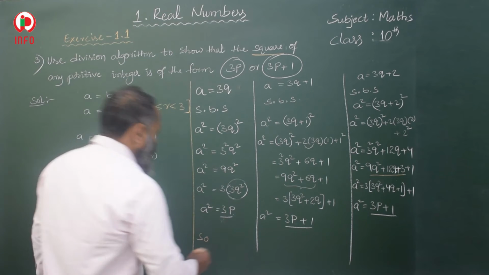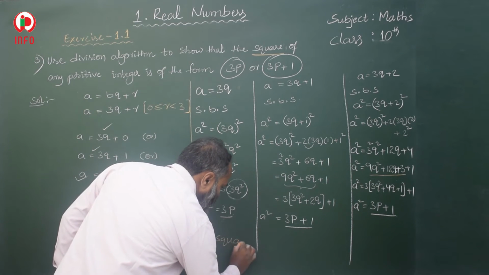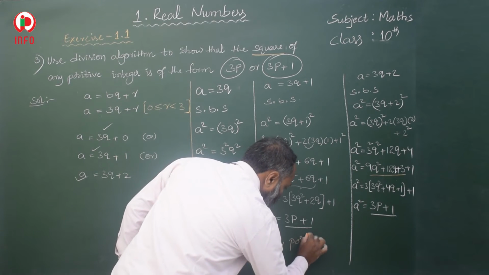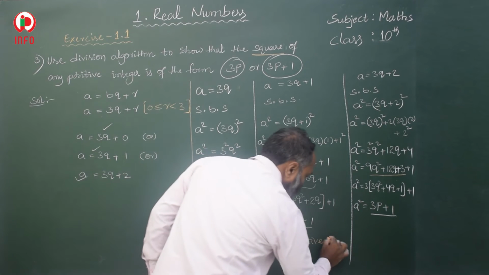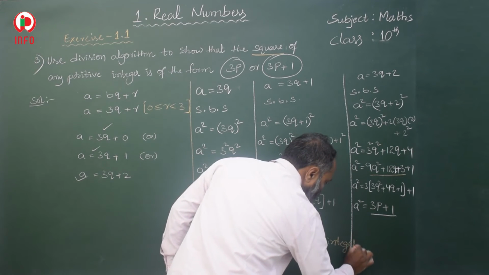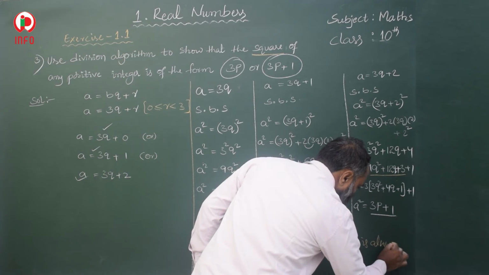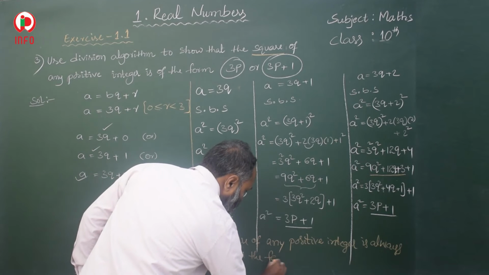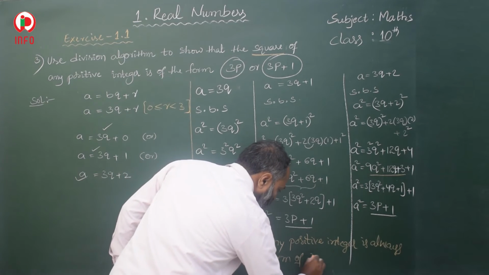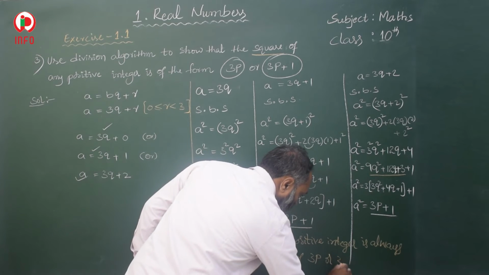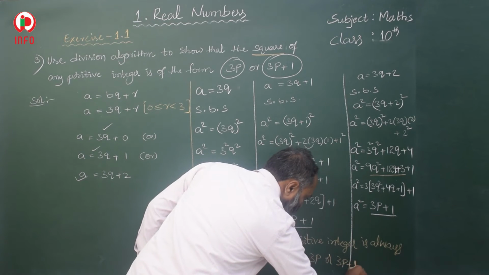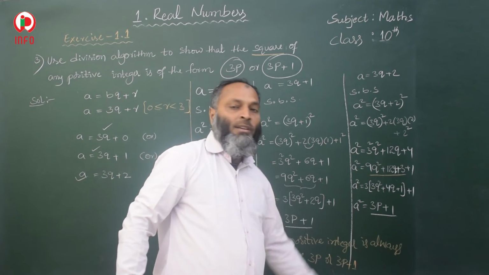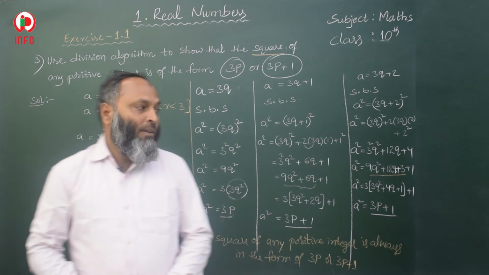So the square of any positive integer is always in the form of 3p or 3p + 1. Okay, students.